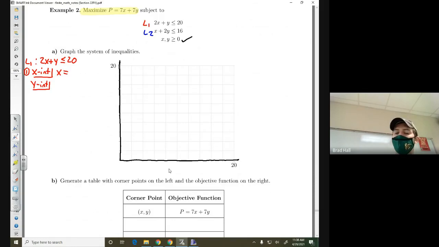Hopefully you can quickly determine that X is 10, Y is 20. These go by increments of, I believe, 2, 4, 6, 8, 10, and 20 for Y. We ask ourselves, do we get a solid or a dotted line?